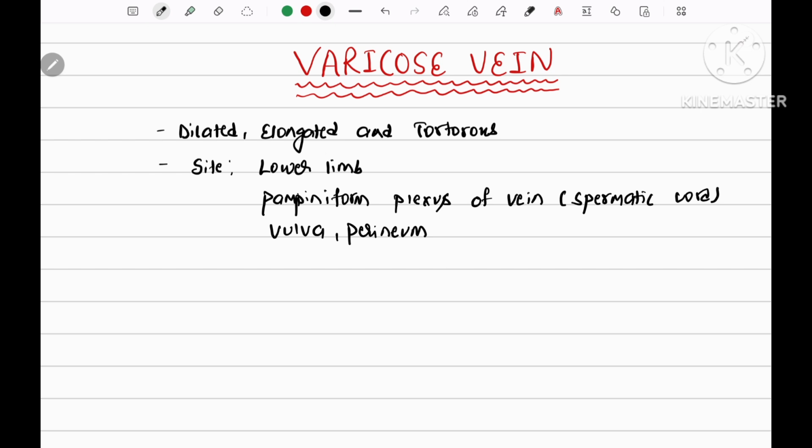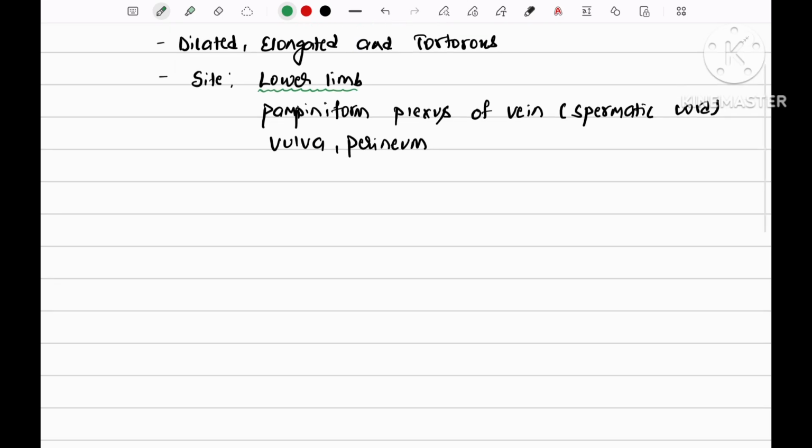Now let's talk about why the lower limb is more responsible for the formation of varicose vein rather than the upper limb. At first we have to know the anatomy of the upper limb and lower limb.